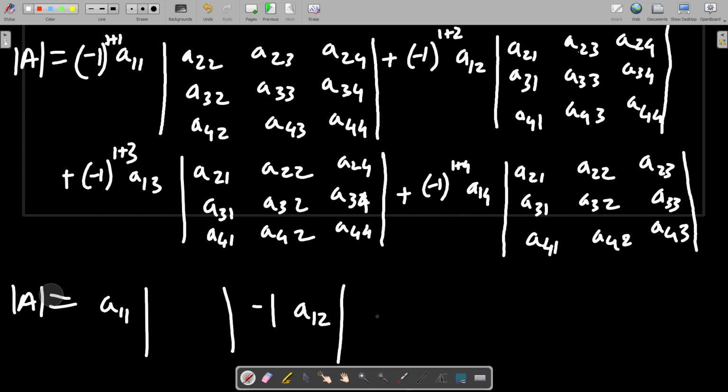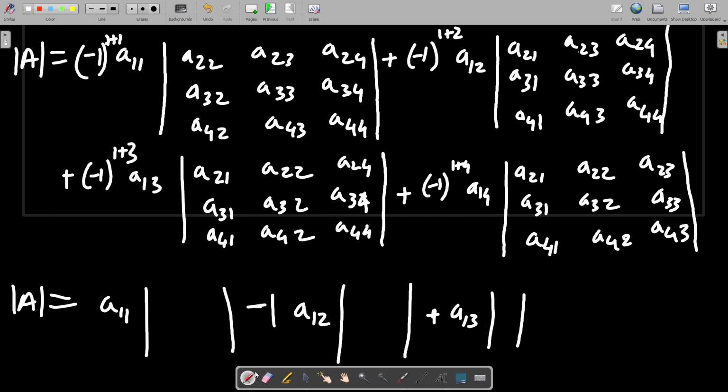So minus A12 into the determinant above. Then here you have 1 plus 3, that will give you 4. So minus 1 to the power 4 will leave you with plus A13 into that determinant to be calculated.